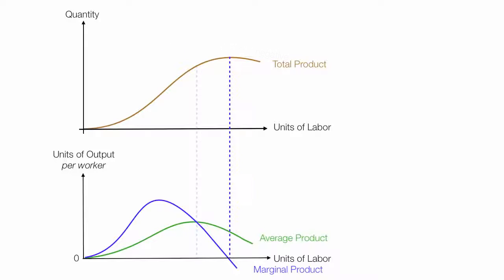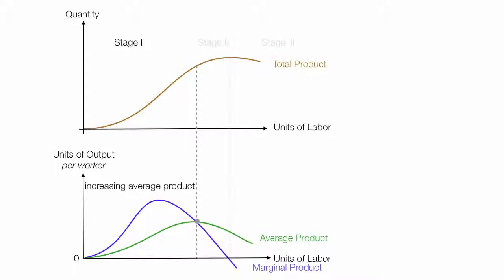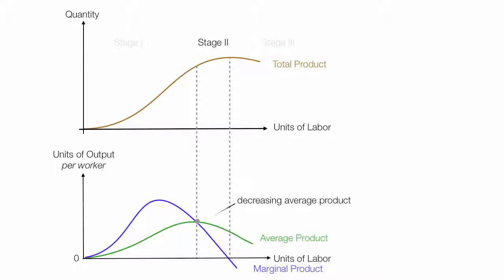So now I have 3 distinct regions, or stages. I have stage 1, which is the first part there, stage 2, and stage 3. Stage 1 is increasing average product, where marginal product is greater than average product. Stage 2 is decreasing average product, but I still have a positive marginal product.